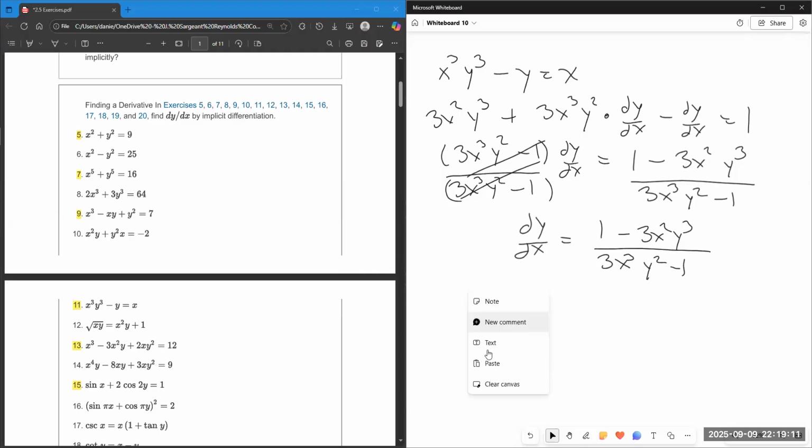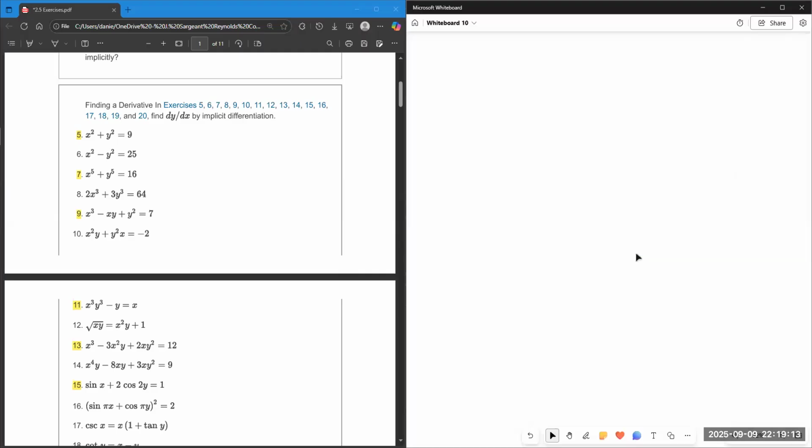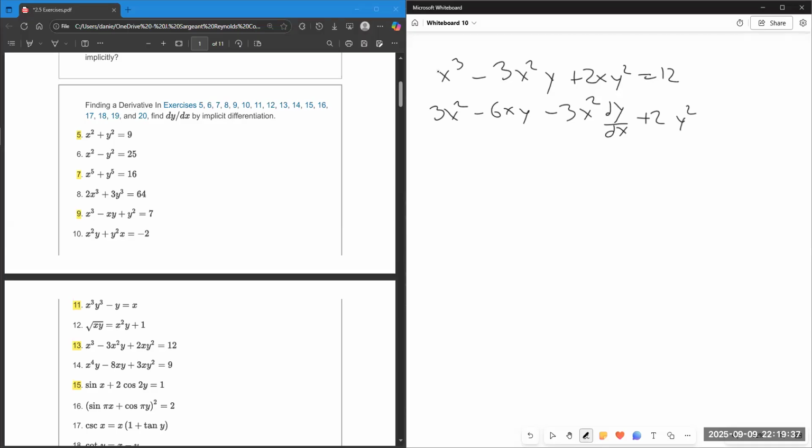Let's look now at number 13. X cubed minus 3x squared y plus 2xy squared equals 12. 3x squared minus 6xy minus 3x squared dy dx plus 2y squared plus 4xy dy dx equals 0.